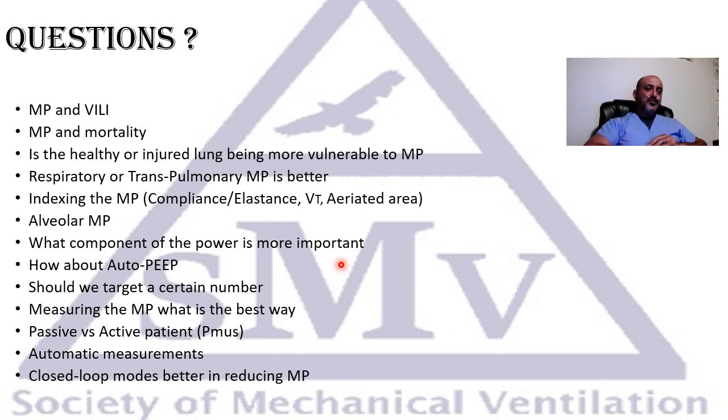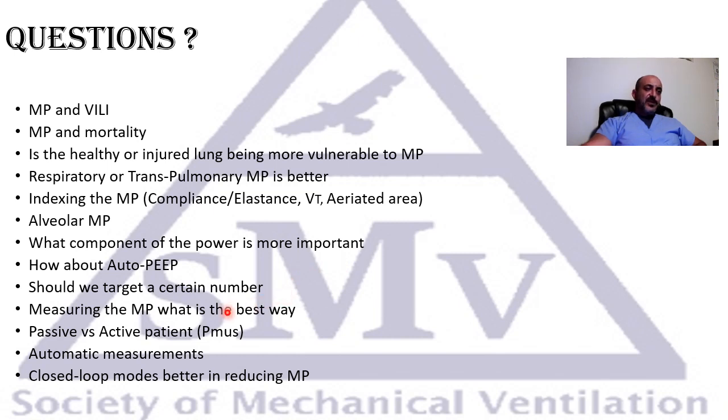But I would really caution about this. I would also caution that we should think about every single parameter we are adjusting on the ventilator, not only tidal volume or driving pressure: respiratory rate, flow, PEEP, everything.